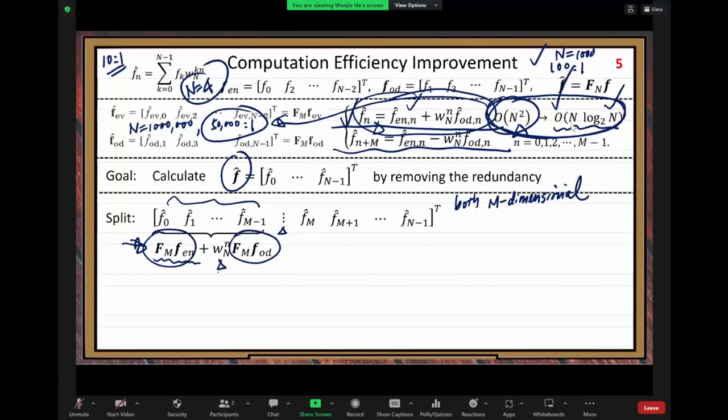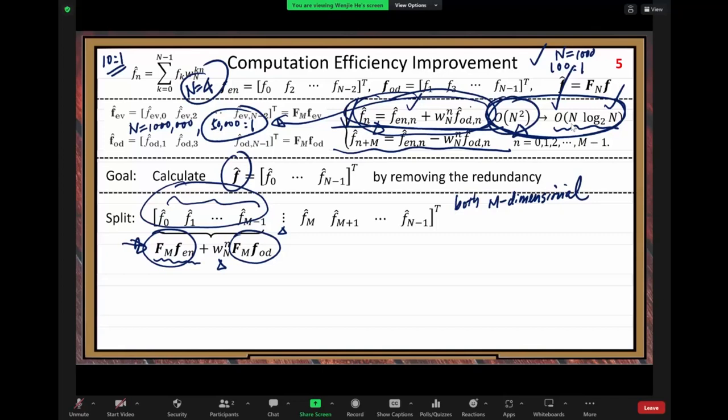So the matrix vector representation for the first half of the frequency spectrum vector, we have this representation. You just go from the individual component to the vector representation.